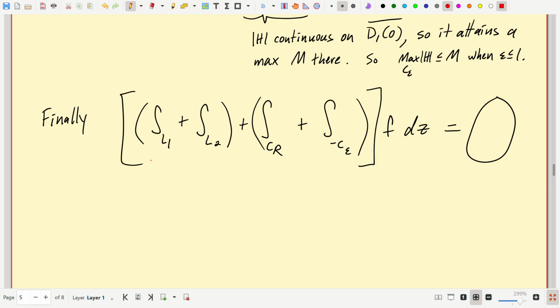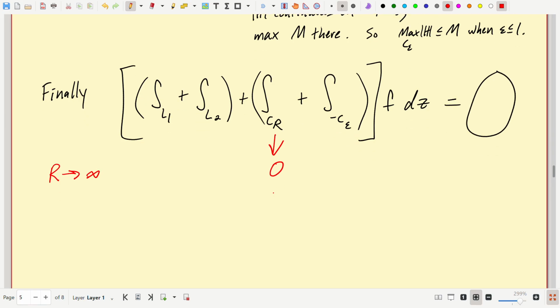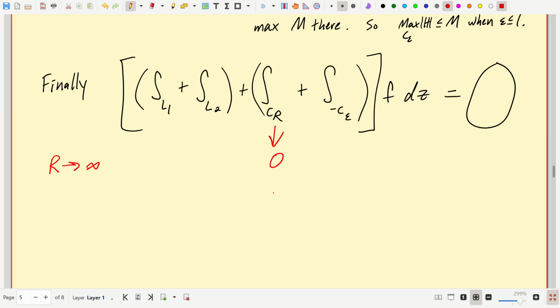This one goes to the integral I want. Let's see, first I'm going to let r go to infinity. That makes this term go away. And then I let epsilon go to 0. That makes this term go away.